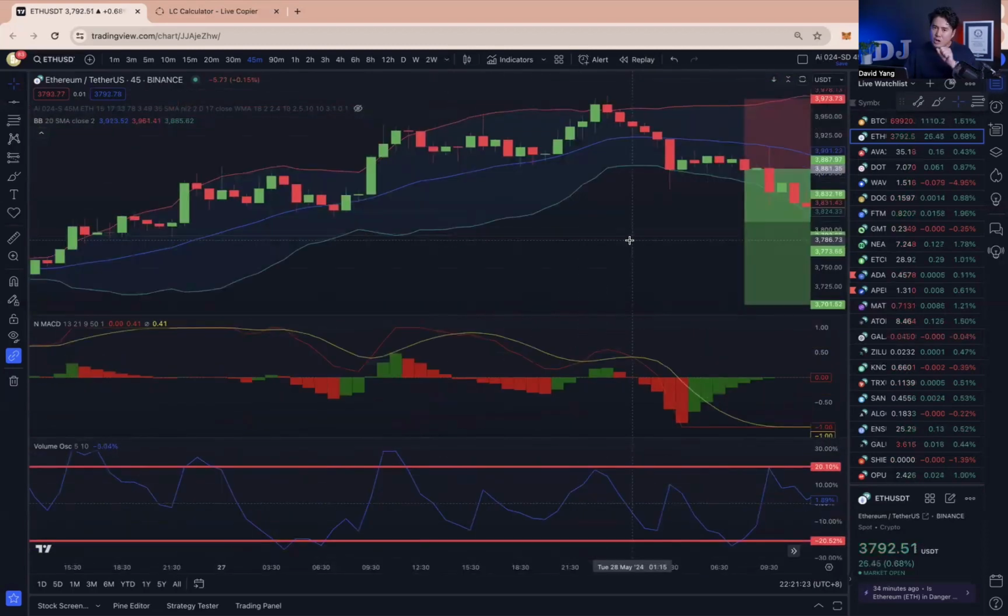When it comes to shorts, how am I going to start trading? Same thing, start with MACD first. The normalized MACD, the yellow line has to cross above the red line. That's the first thing. Secondly, we are looking into the volume oscillator. It has to be below negative 20%.